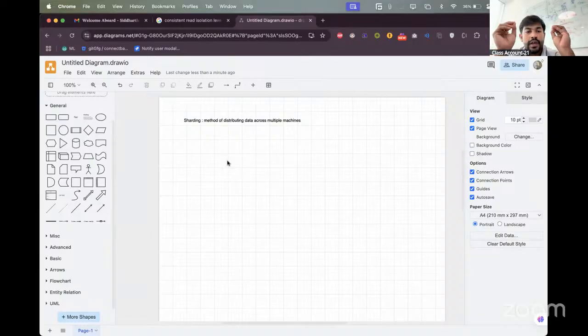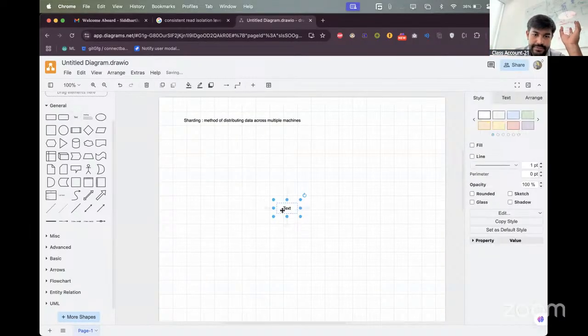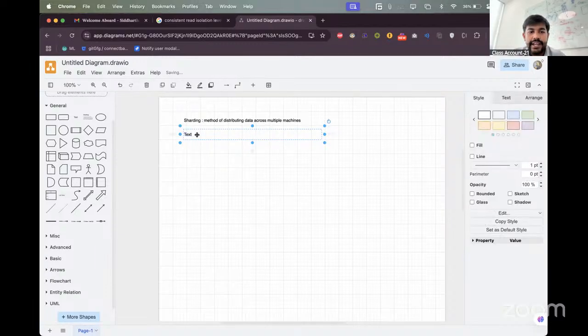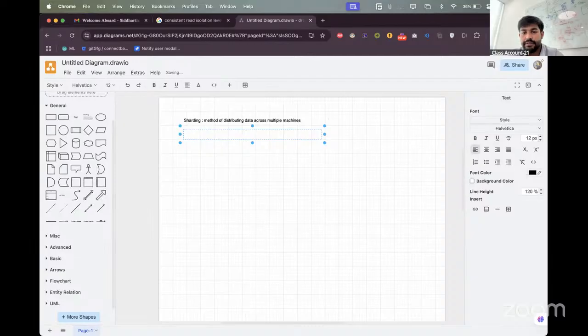Okay. What is partitioning? Don't worry, things would become easy after some point when you start to learn the difference between the two. That is why I'm just teaching both of them at the same time. Partitioning. What is partitioning?